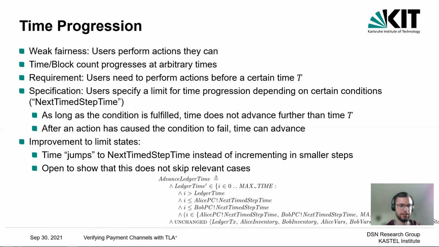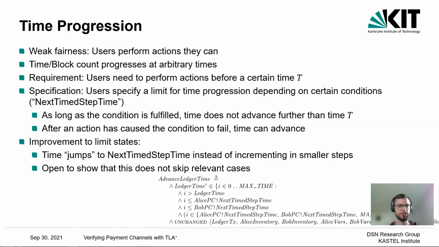And an interesting part here is that we sometimes have a requirement that users need to perform an action before a certain time t. For example, if an output is time locked, the other user needs to spend this output before the time lock allows a cheating user to spend the output. And we modeled this in our specification in a way that users specify a limit for time progression, which depends on certain conditions.